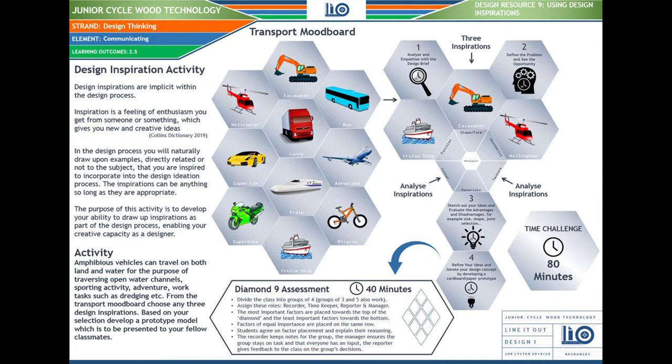And what I want to do is analyze and empathize with the design brief, and define the problem and see the opportunity. So from here I need to look at each of those 3 I have chosen: the excavator, the helicopter, and the cruise ship, from the following perspectives: function, shape and form, aesthetic, materials, and so on.